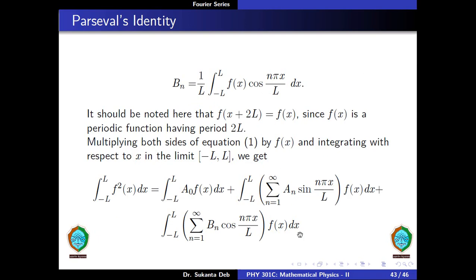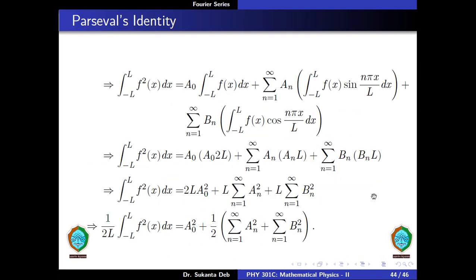Now since this integral will only act on the term containing x, because the integration is with respect to x only, we bring the integral inside the summation where it acts on the functions containing x terms only.